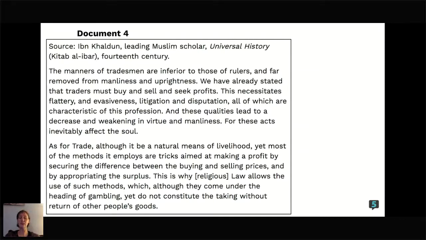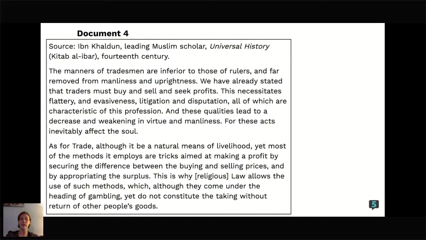So before I get into sourcing, I first want to notice what this document seems to be suggesting about trade. Ibn Khaldun seems to have a somewhat mixed view of trade because he's really negative about the moral uprightness and character of merchants and tradesmen in the first paragraph. But in the second paragraph, he tempers that language a little bit.